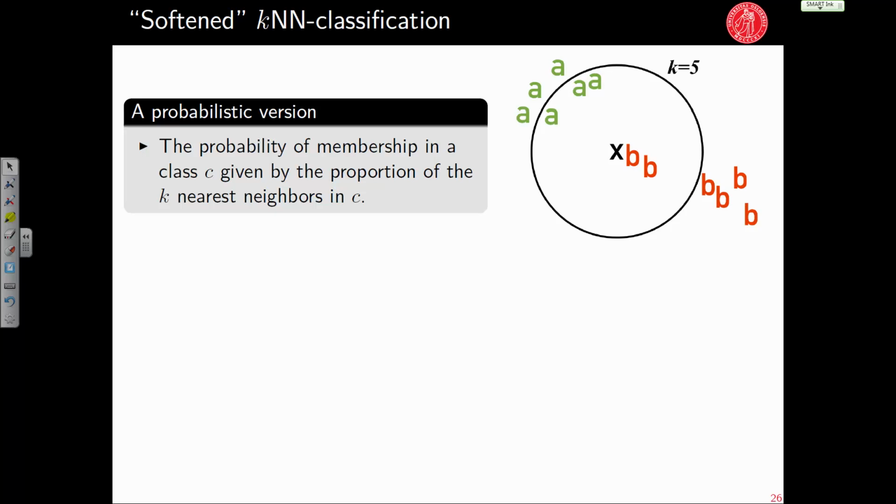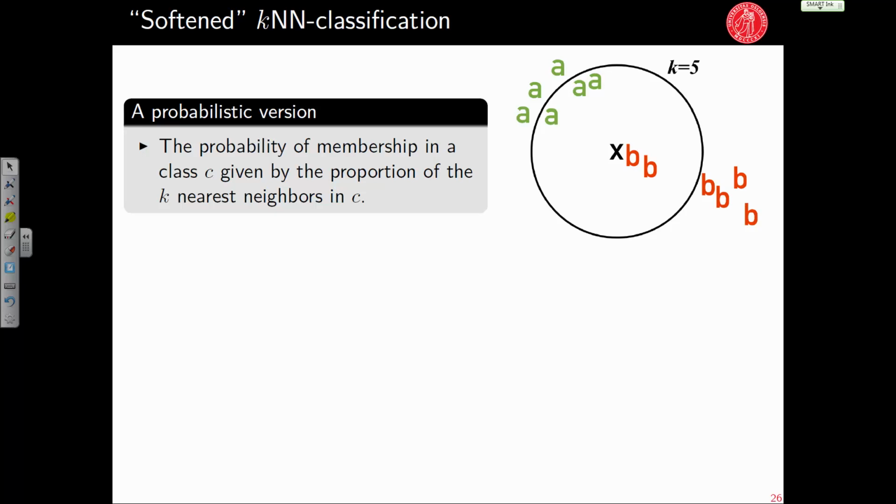But we might want to say that the membership in a class can be determined by the proportion of the k nearest neighbors in C, meaning we want to shift from hard class membership to soft, probabilistic class membership.